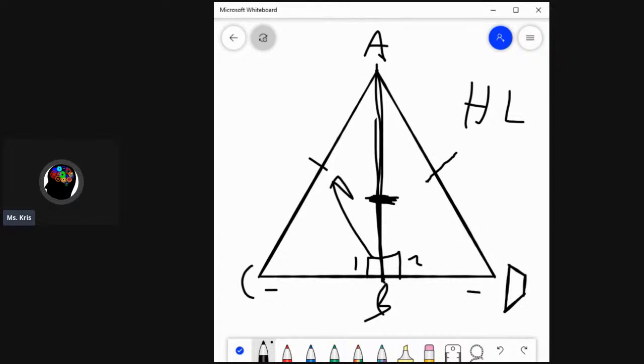Therefore, triangle ABC is congruent to triangle ABD based on hypotenuse leg. And because we have proven the congruency of the triangles, then CB is congruent to BD based off of CPCTC.